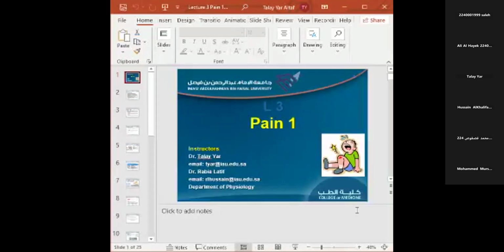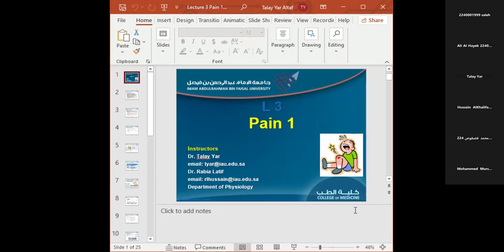Are you able to see the screen now? We are seeing the first slide. No, it's not coming to the second. Doctor, don't use the full screen.